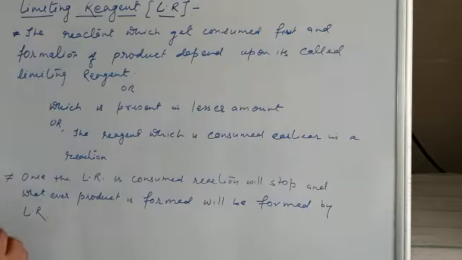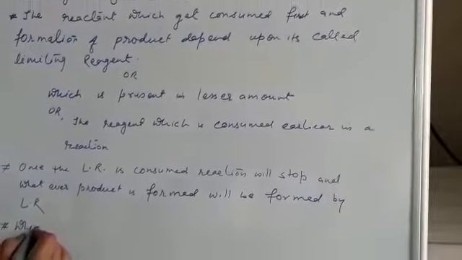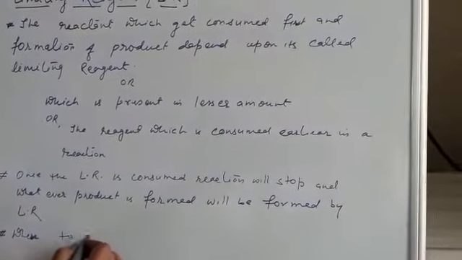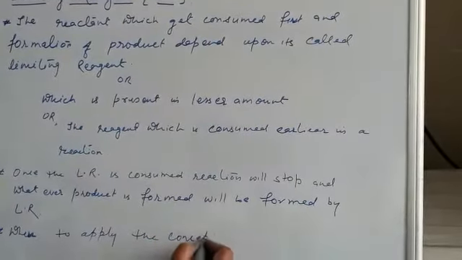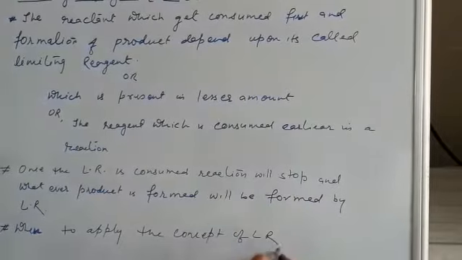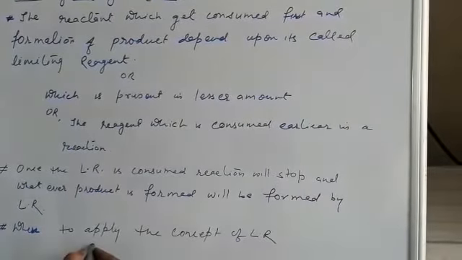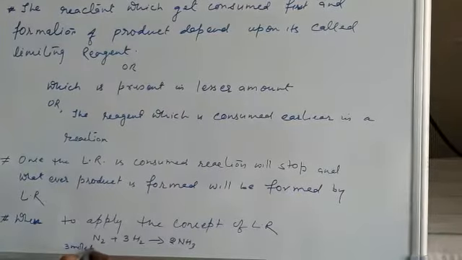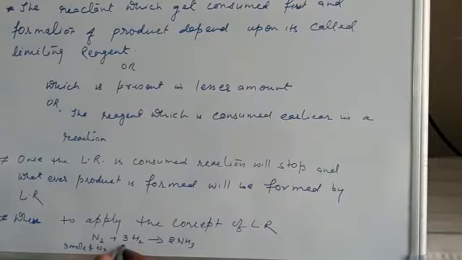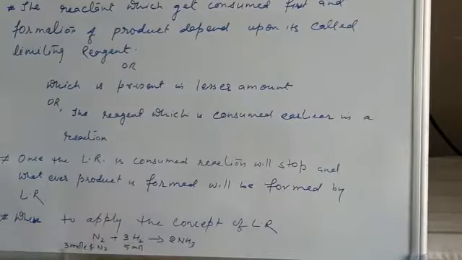When to apply the concept of limiting reagent? Let's see with an example. If nitrogen reacts with hydrogen to form ammonia, 3 moles of nitrogen are given and 5 moles of hydrogen are given.